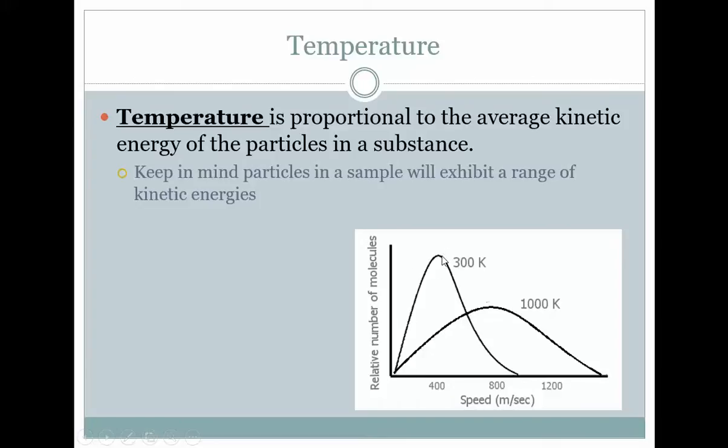So at this temperature, they have some average kinetic energy. At the higher temperature, notice this is where the average is in the bell curve. The average is shifted in this direction, so it's right about here. We'll talk about why the shape changes and all that. We're going to talk more about these later, but what's important to know now is that temperature is proportional to the average kinetic energy of the particles, and as you heat something up, average kinetic energy increases.